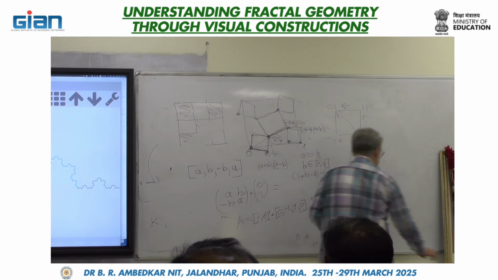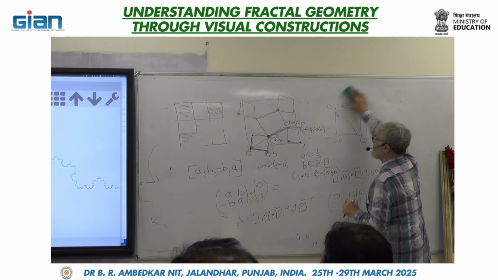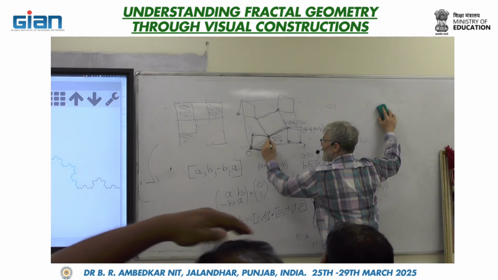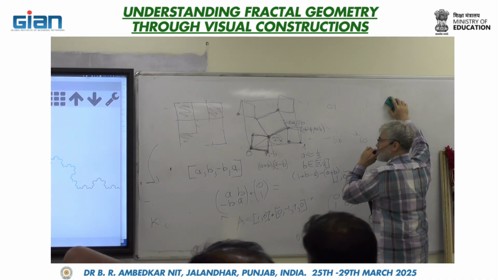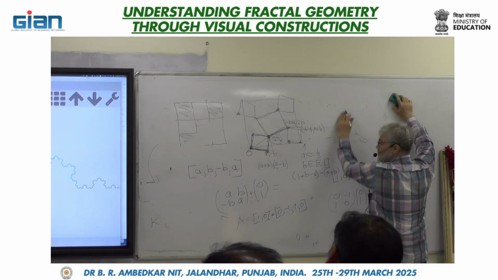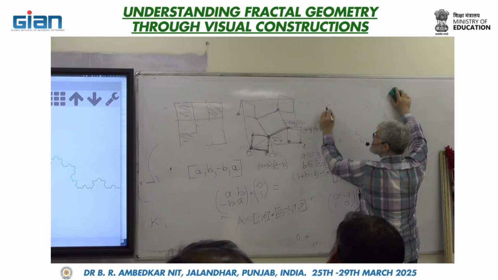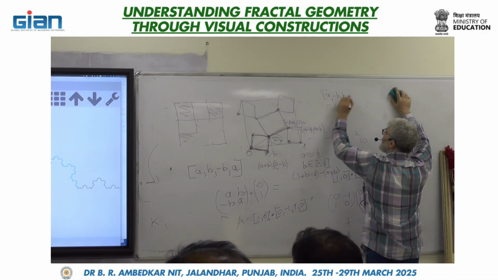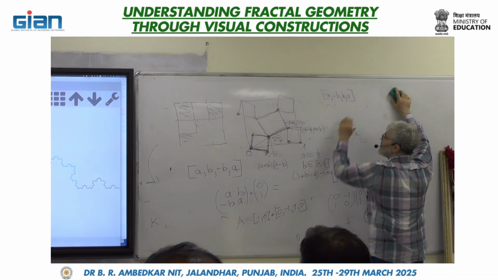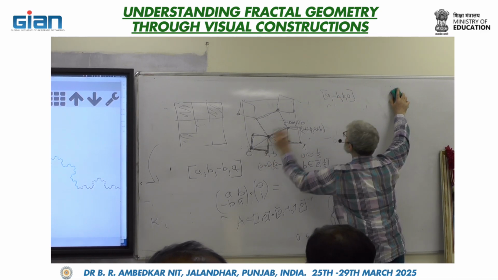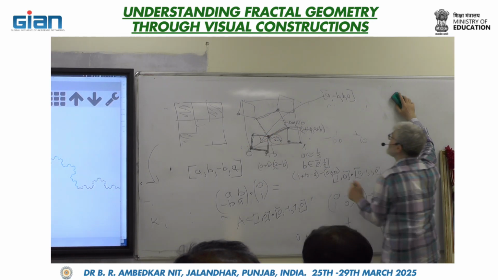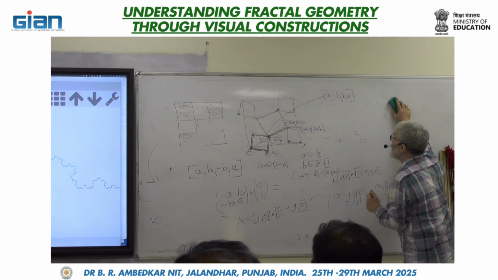So we defined, you see, we defined the rotation, which makes this square, right? What is the rotation? It is A minus B, BA, right? This map sends the unit square to this one. Yes.